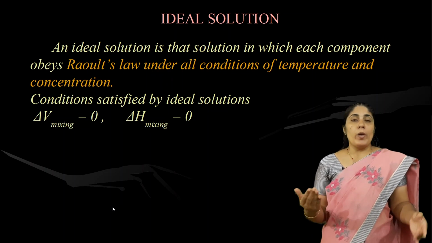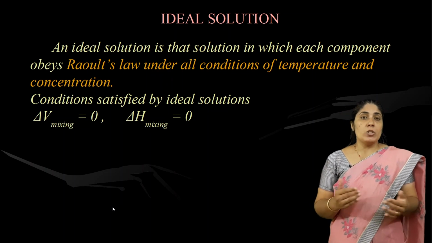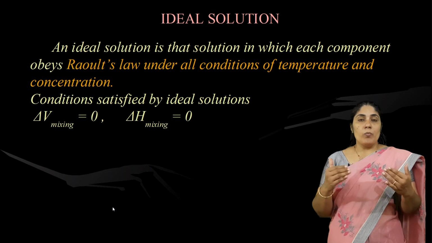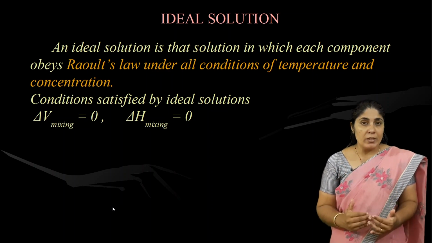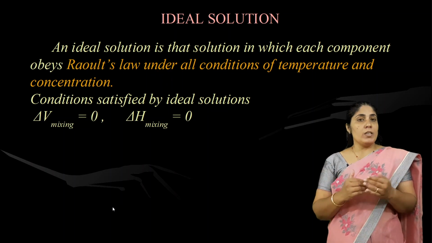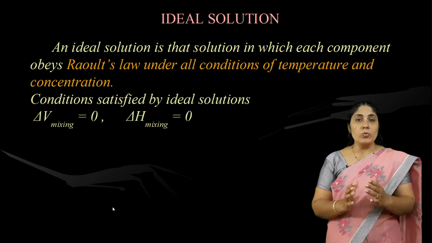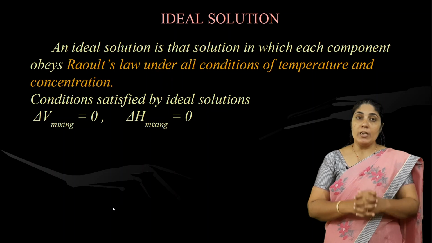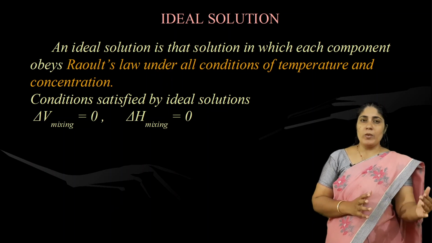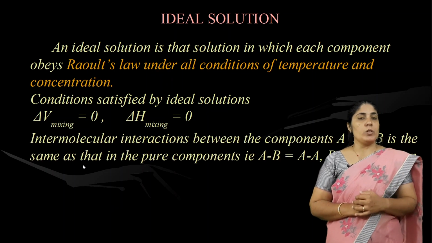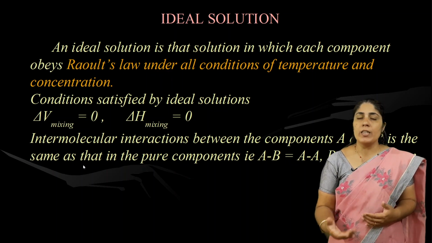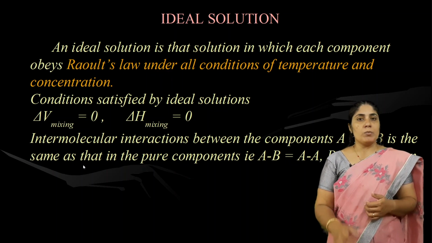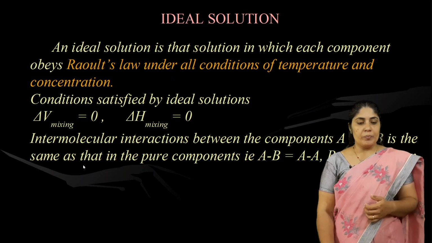That means when we mix together two volatile solutions which obey Raoult's law, there will be no change in the volume of the net solution. That is why we say delta V mixing is equal to 0. Similarly, there will not be any change in the enthalpy also. So, delta H mixing is equal to 0.